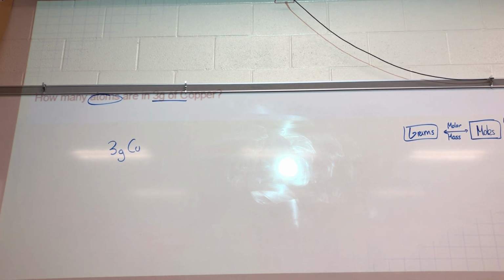I'm going to particles because atoms is a type of particle. This is going to be a 2-step conversion. In the world of moles, you can't take airplanes and fly places. You have to drive through the moles.